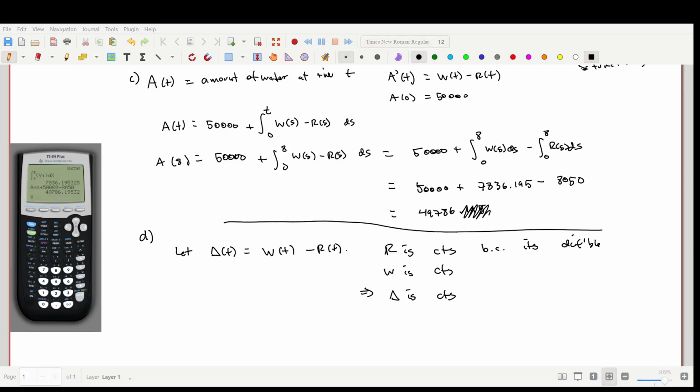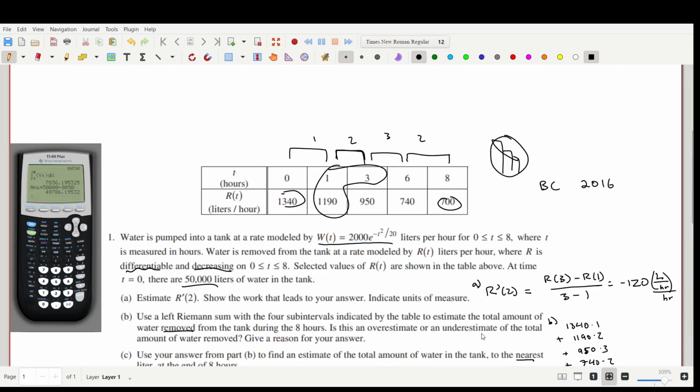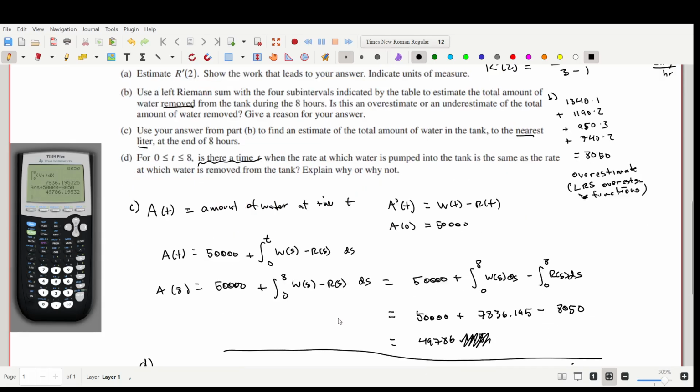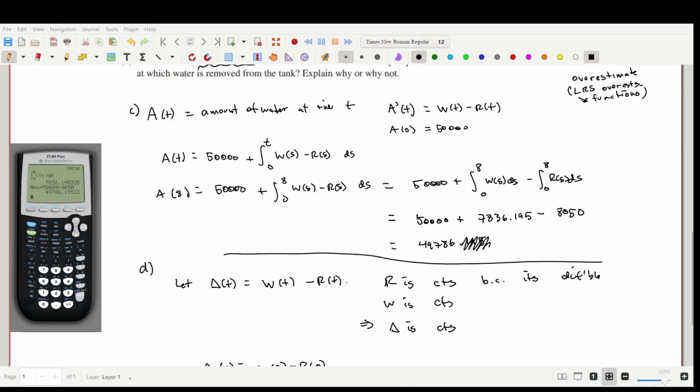Let's see. And then delta of 0 is W of 0 minus R of 0. W of 0 is 2000. R of 0 is 1340 or whatever. I'll just calculate that. I know it's 2000, but whatever.